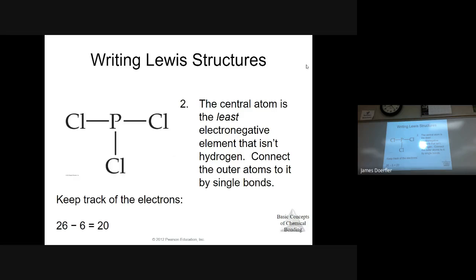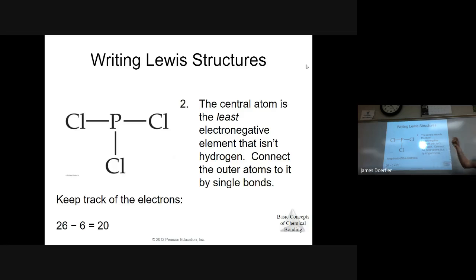Once you determine that, you then connect all the atoms involved with a single line. Always start off with a single bond. Okay? And so, phosphorus goes to this chlorine, this chlorine, this chlorine. By using 3 single bonds, how many electrons did I just use?